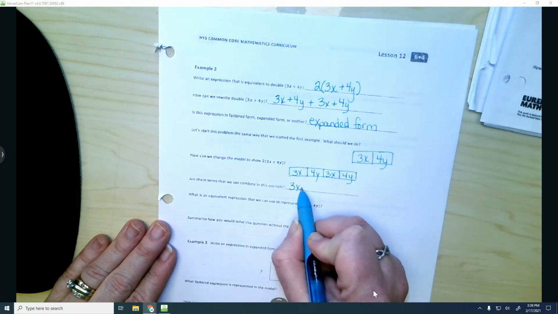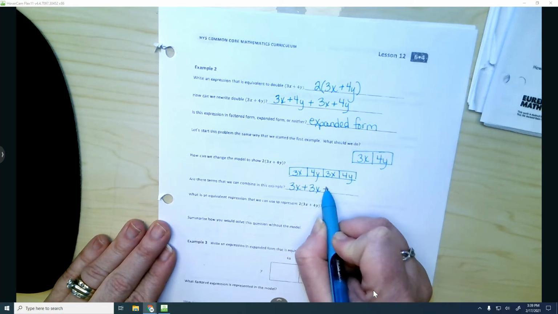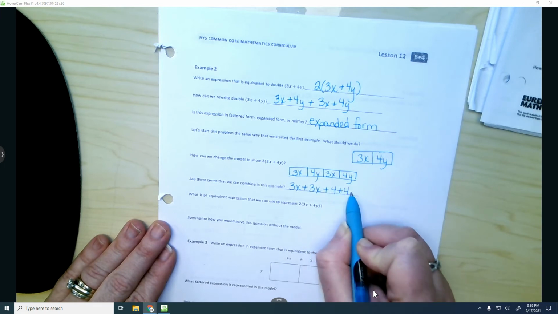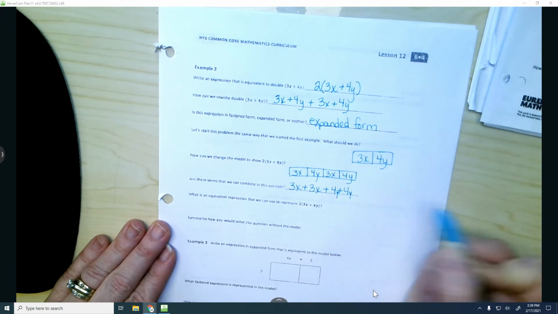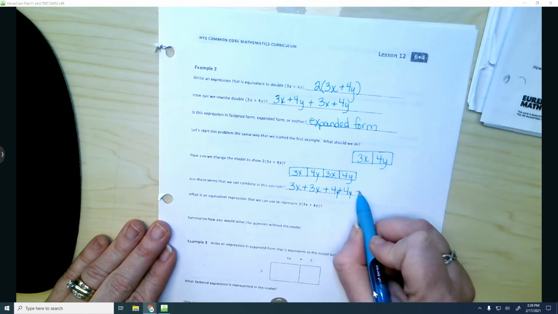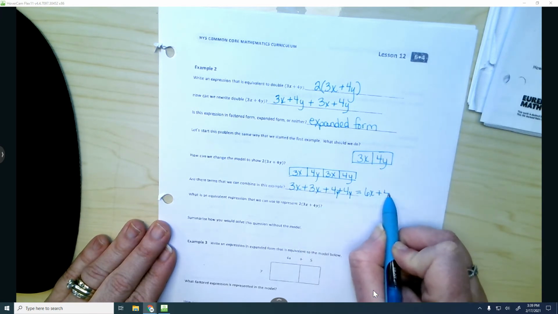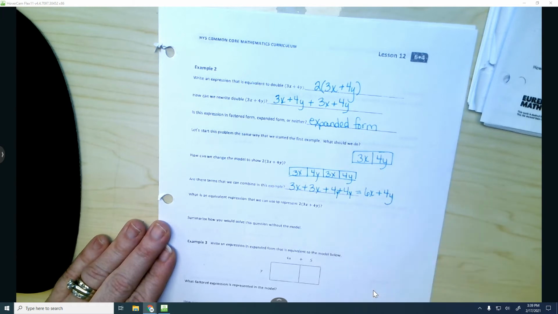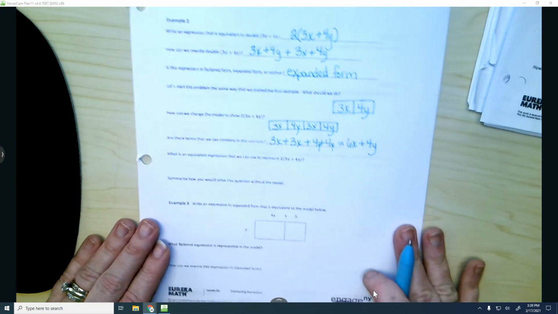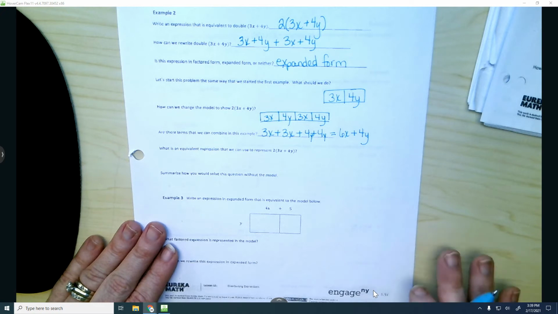Yes, we can put 3x plus 3x and 4y plus 4y. We could also put those even more together, 6x plus 4y. But because the variables are separate or different, we have to keep them separated.